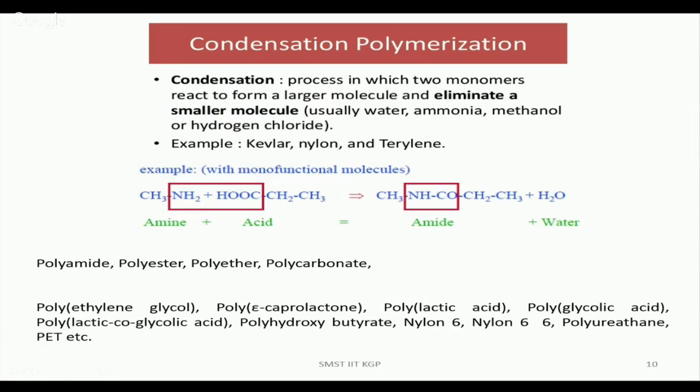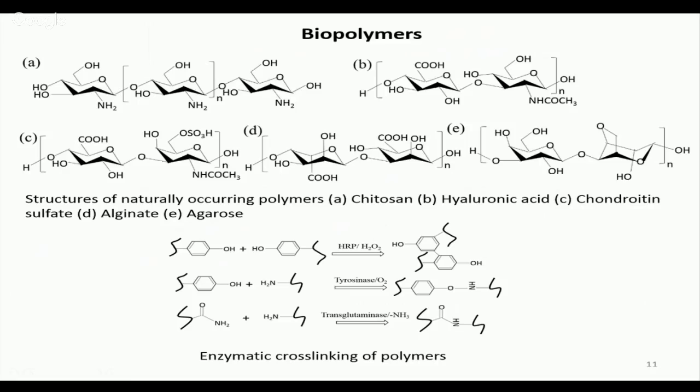So that is why synthetic polymers usually have very limited functional groups for post modification and tailoring, whereas the biopolymers, as you see here, have a lot of functional groups for post modifications, and that is where the importance is.